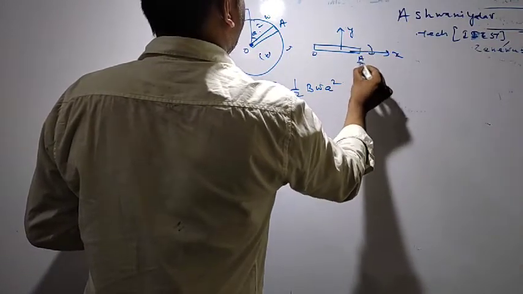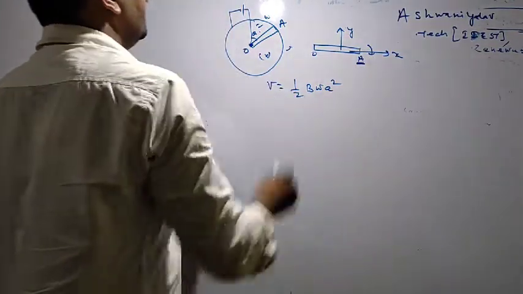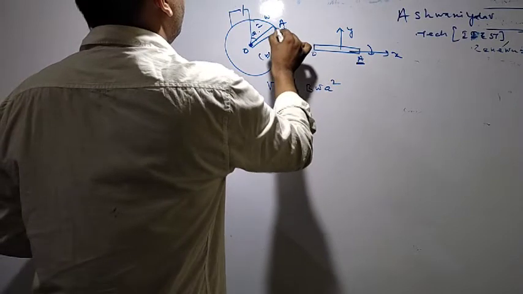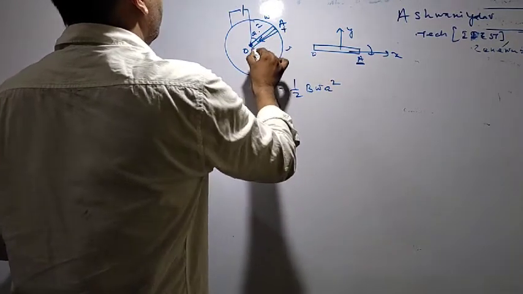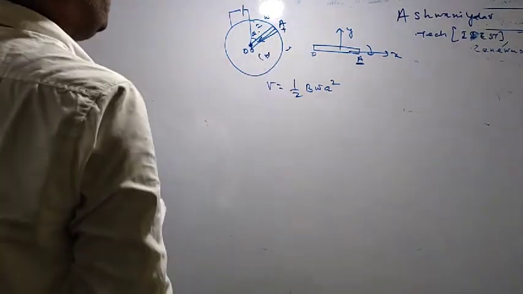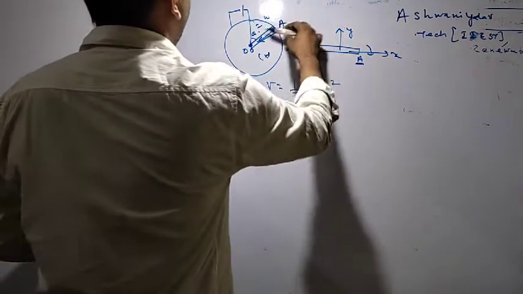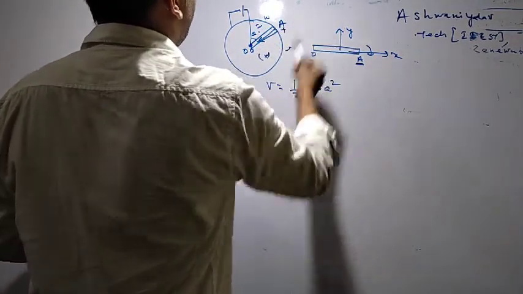So you will find A is at higher polarity. We have already done this. So current will flow from A to O because A is at higher polarity.